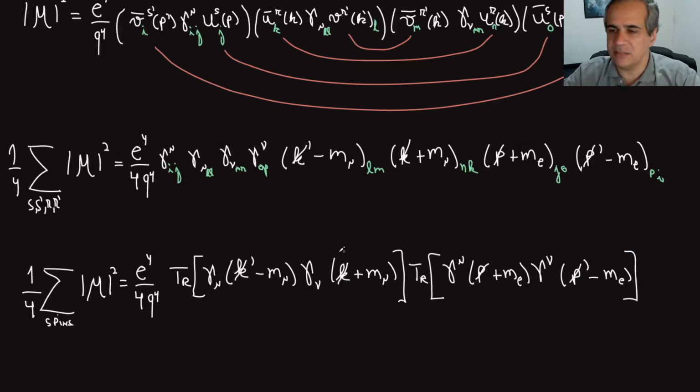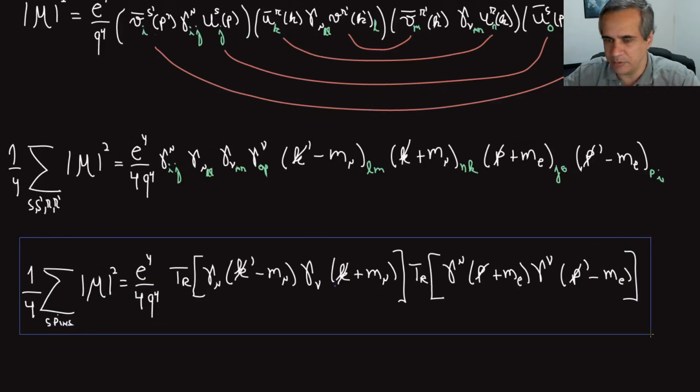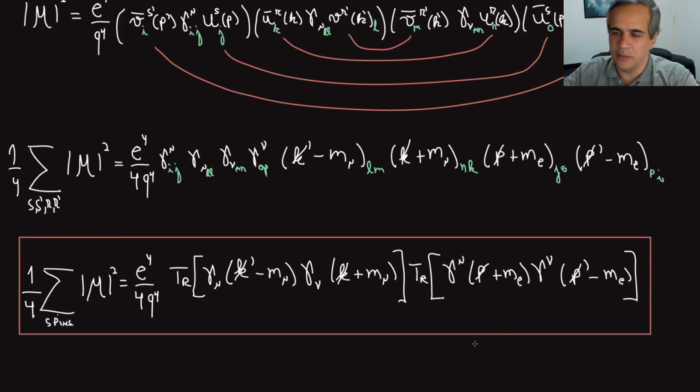Now, let me box this, it's a very important result, right? But the next thing would be to replace this inside the cross-section formula, right, for a 2-to-2 scattering. But those traces seem like something impossible to integrate.